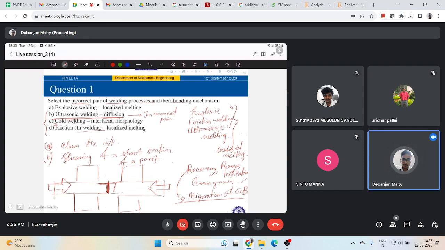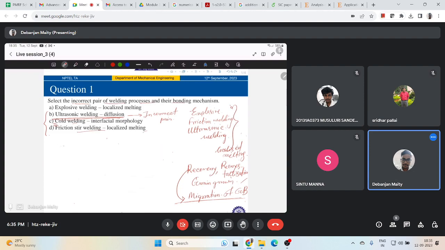There is another mechanism called adhesion also. What is adhesion? Adhesion is some kind of atomic attraction between two atoms that reaches a maximum at some interatomic distance.